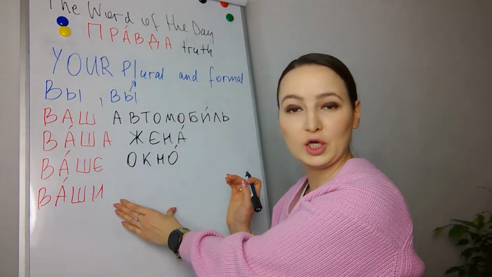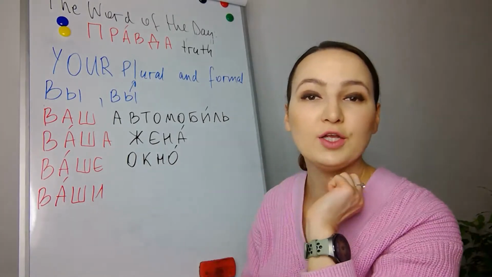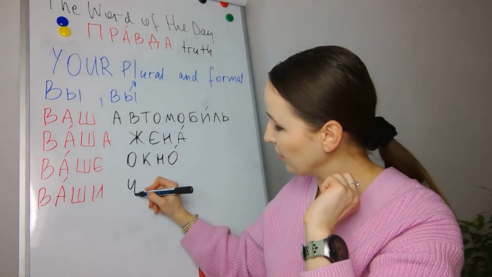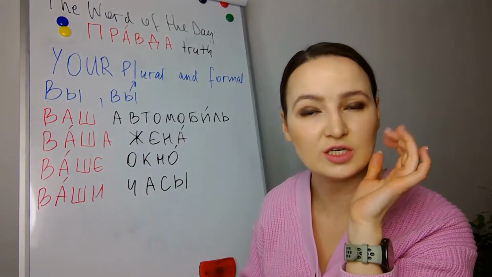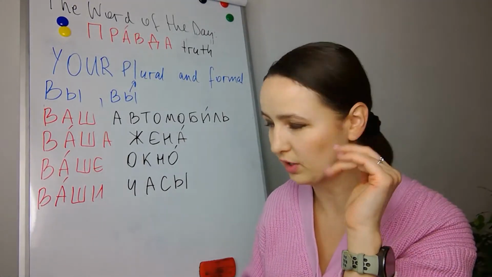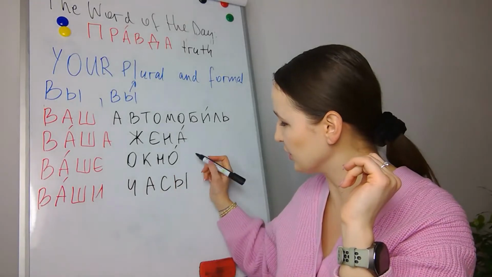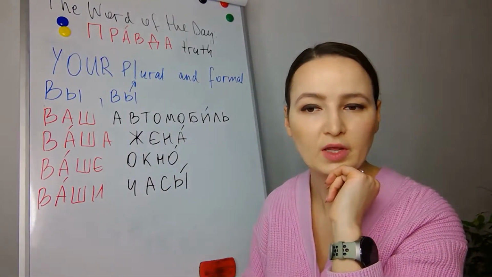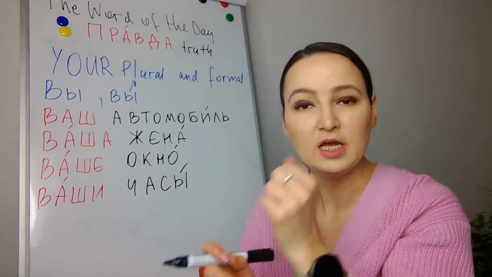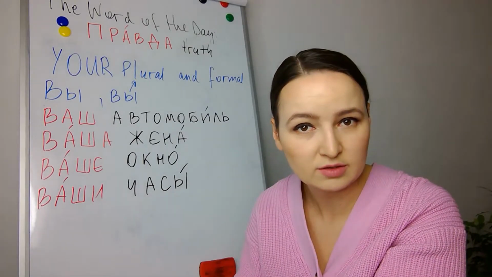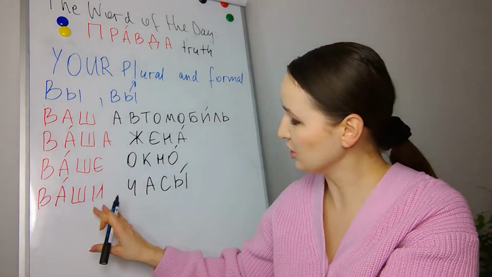And the last one, plural, Vashi, and here we should put a noun in plural. Let's write часы, watch. Watch in Russian is in plural, only plural. Ваши часы. Memorize that.